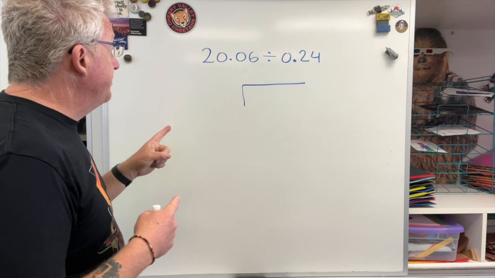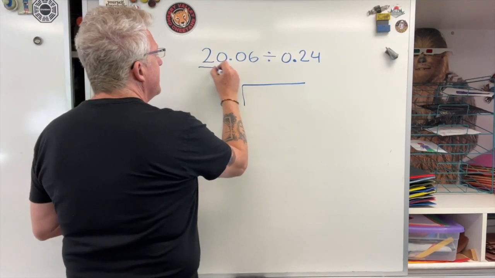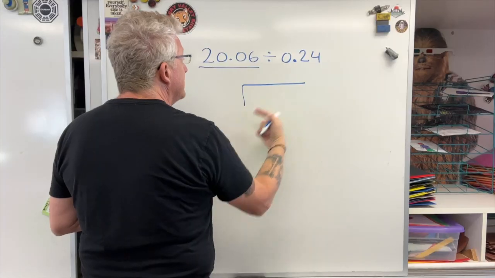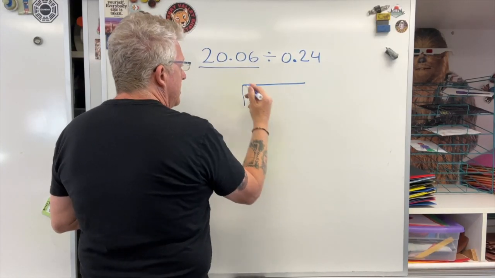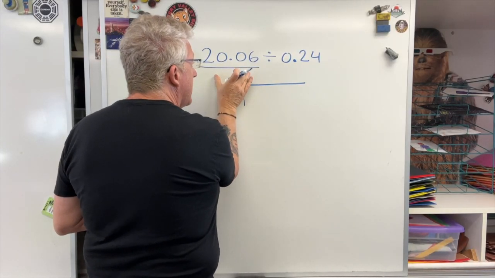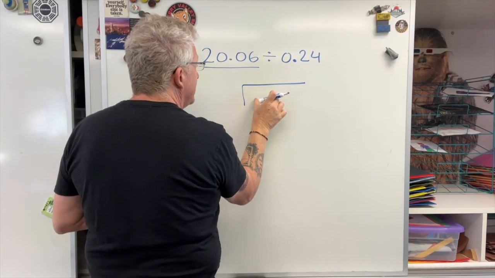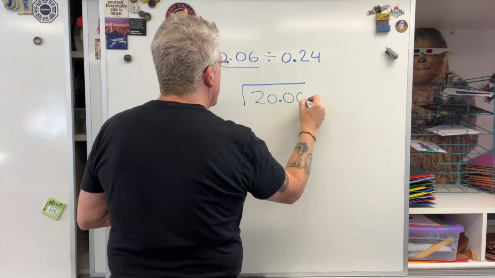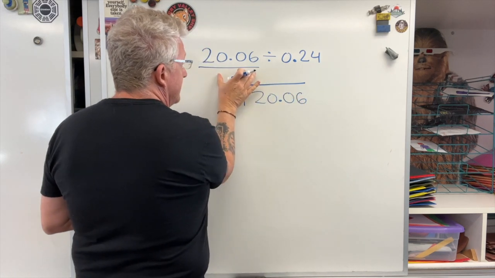Okay, let's solve it. All right, so this is the dividend. That's what goes inside of the box. This is what is being divided. So the number that's first in the problem before the division symbol goes inside the box. 20.06. That's the dividend.